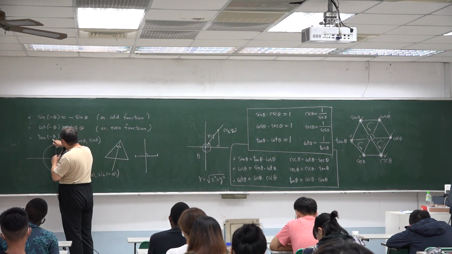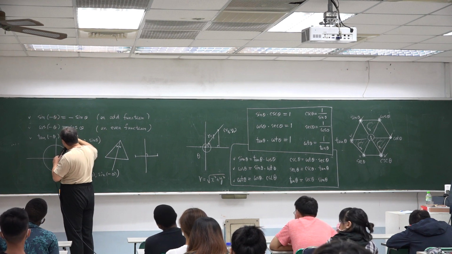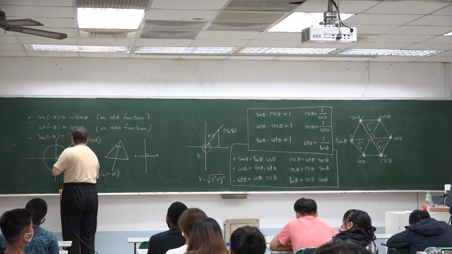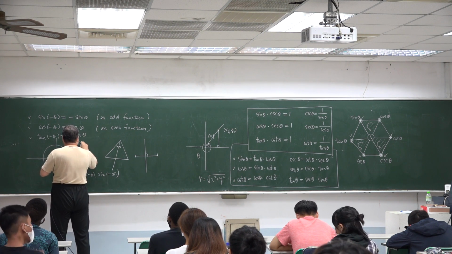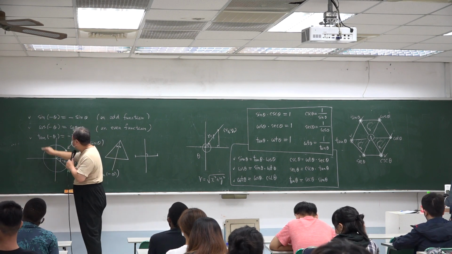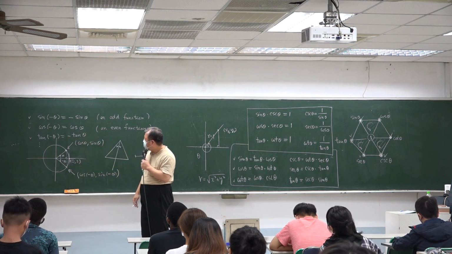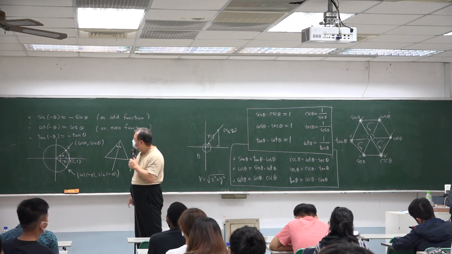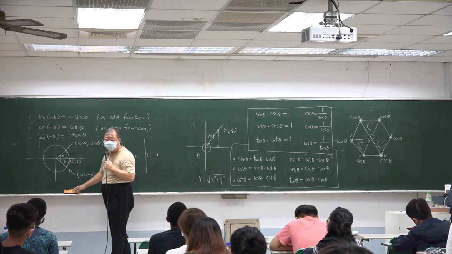Therefore, tangent minus theta equals sine minus theta over cosine minus theta, equals this one over this one. Okay, and so on. Because any other trigonometric functions can always be expressed in terms of sine and cosine.